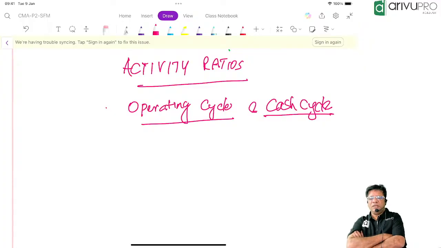Now, what is operating cycle? If you all recall, when you said 12 months, I said no, 12 months or one operating cycle. So current assets, current liabilities, clearly how we should define.